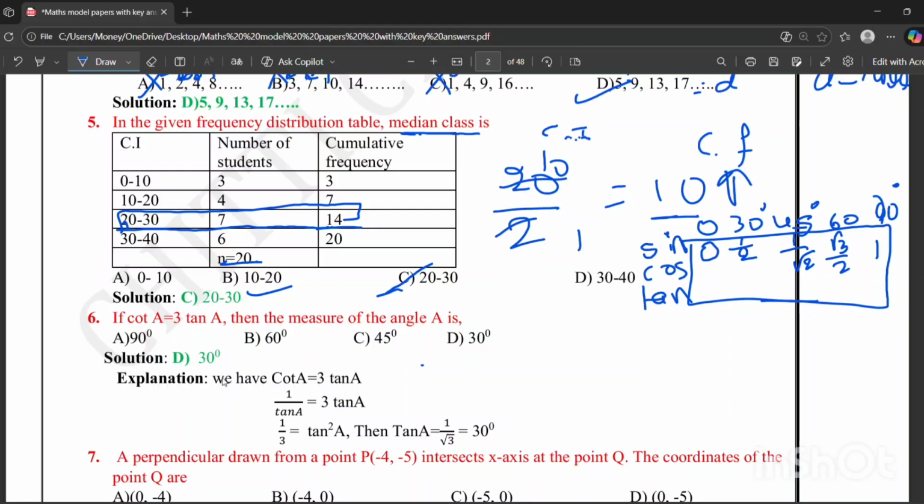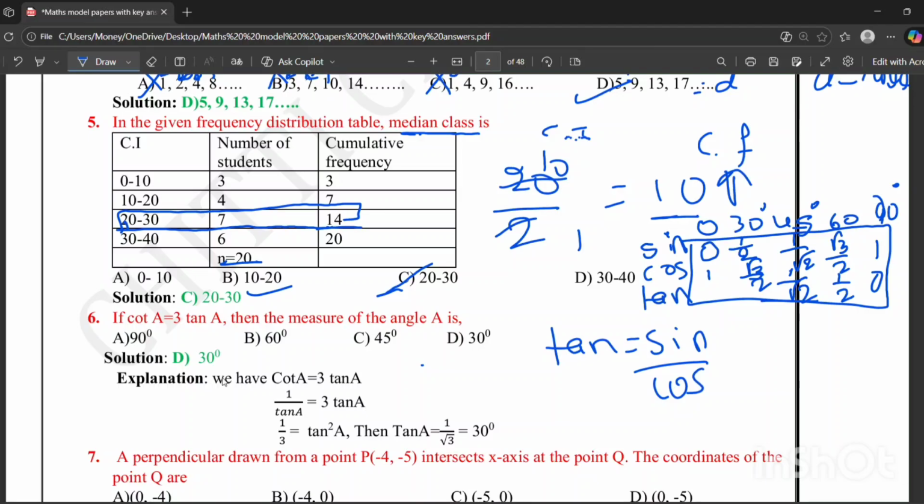For cos, the opposite of this one: 1, root 3 by 2, 1 by root 2, 1 by 2 and 0. What is for tan? Tan is always equal to what? Sine by cos.